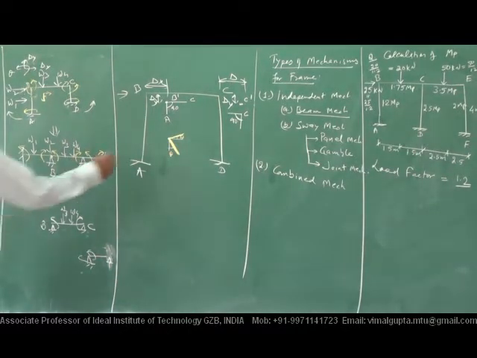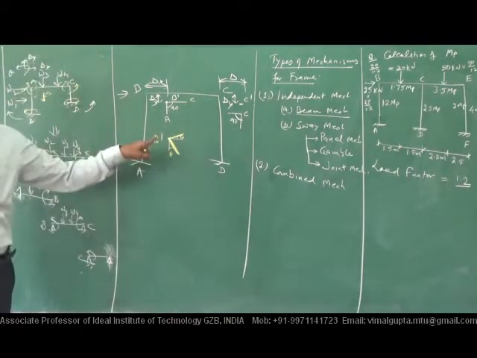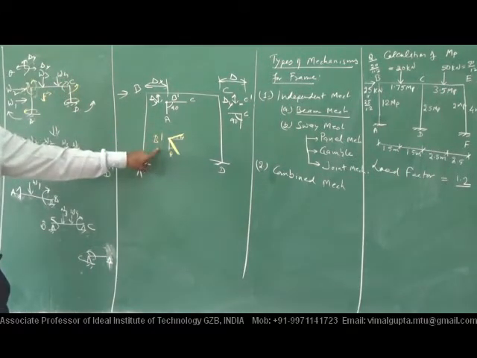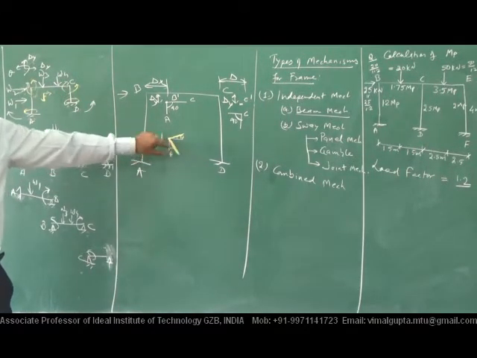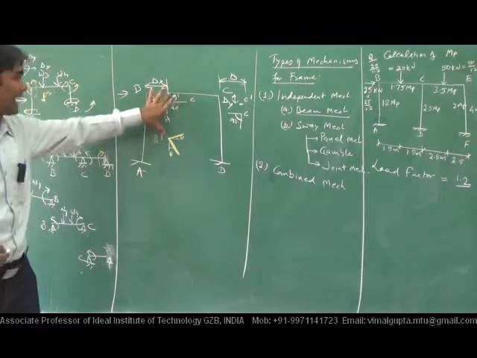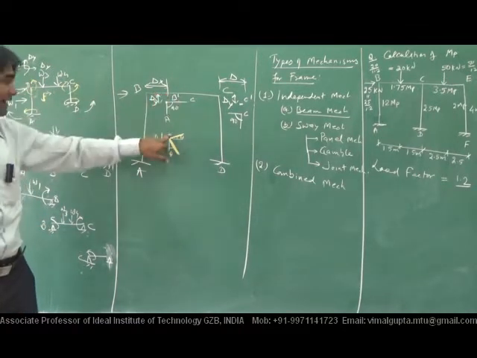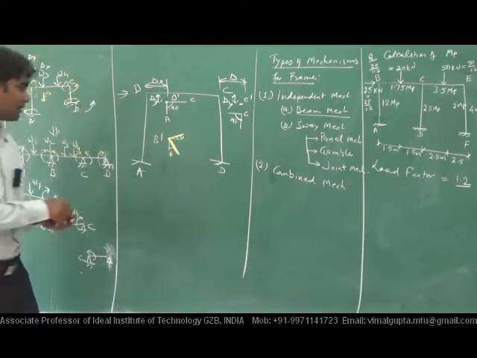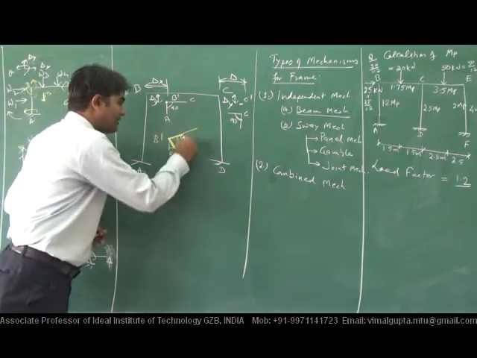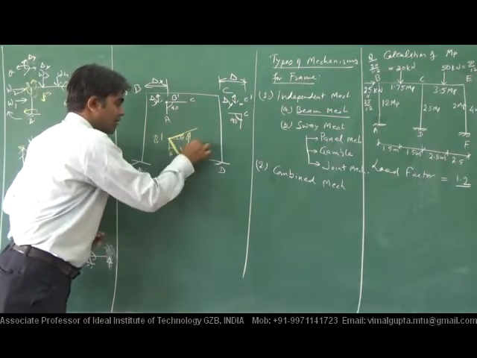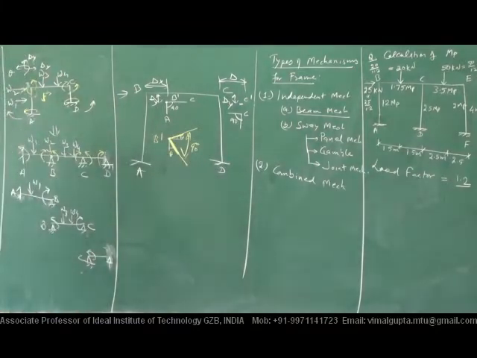At joint B dash, this is the final position. That includes horizontal and vertical displacement and rotation. But the angle between the members will not change.